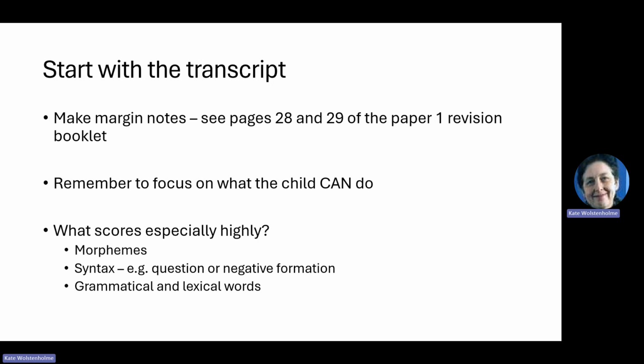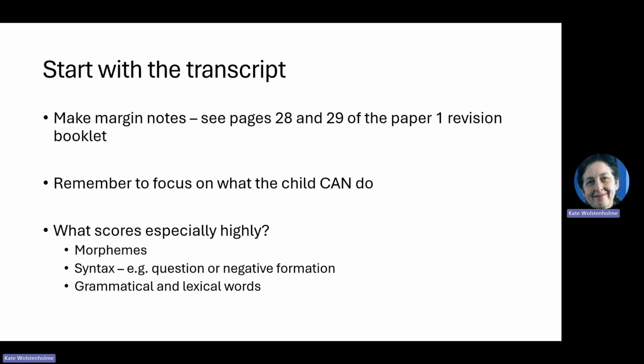If they make a virtuous error, use the word morpheme, like they've applied a regular morpheme to an irregular word. Anything you can say about syntax. So I wouldn't try and start identifying sentence types or anything like that. It's just not suitable for spoken language. But if they use a question or a negative, you can definitely talk about whether they've done that using adult word order, or whether they've done it differently.